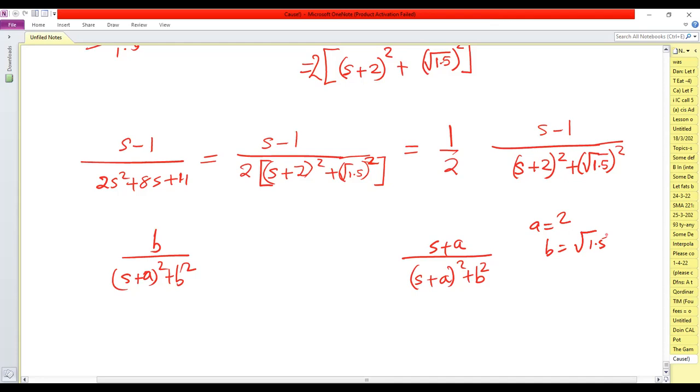So we force s plus 2 in the numerator, and then after forcing s plus 2, we balance it so that the final numerator remains s minus 1.